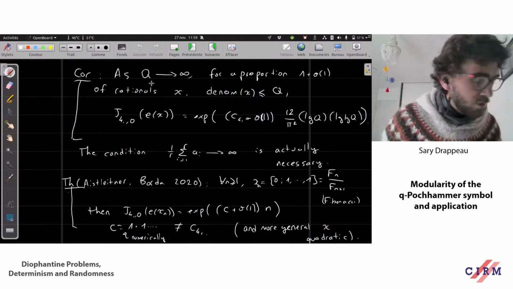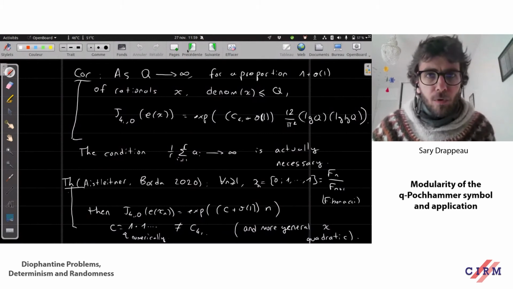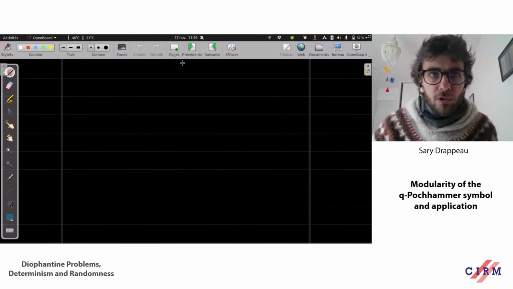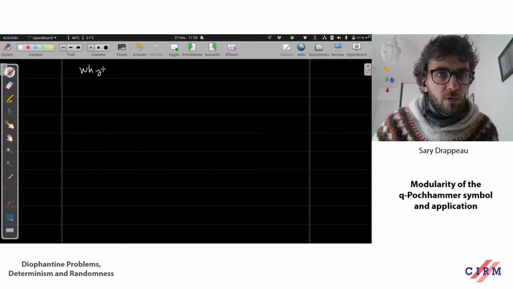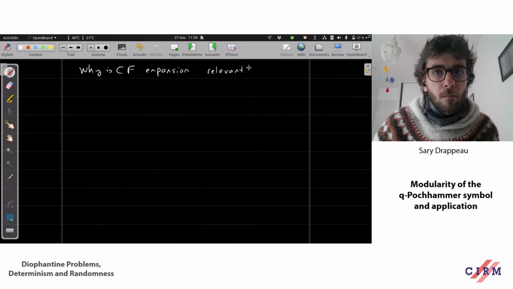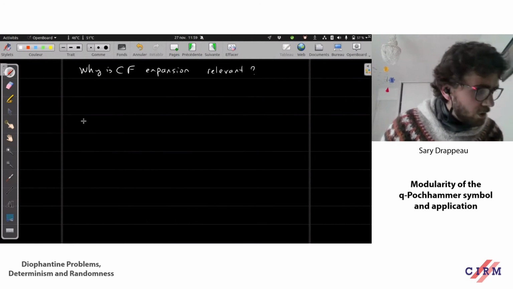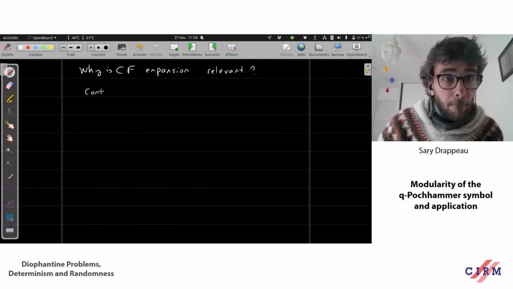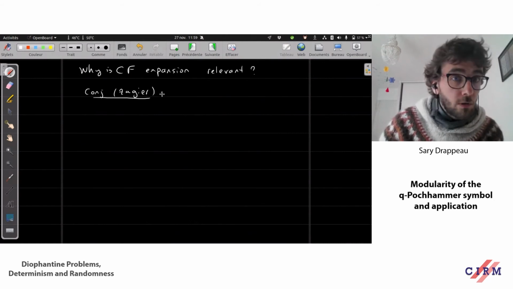Okay. Then I continue. So why is the continued fraction expansion relevant here? That's because of a conjecture by Guillaume, who observed numerically the following.